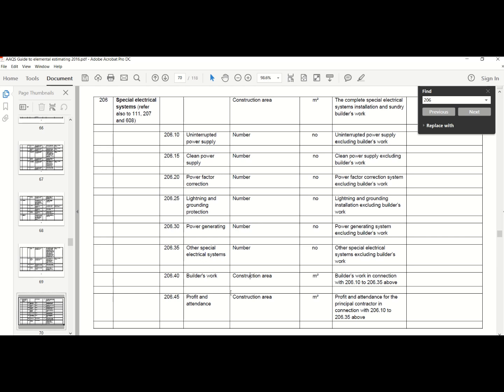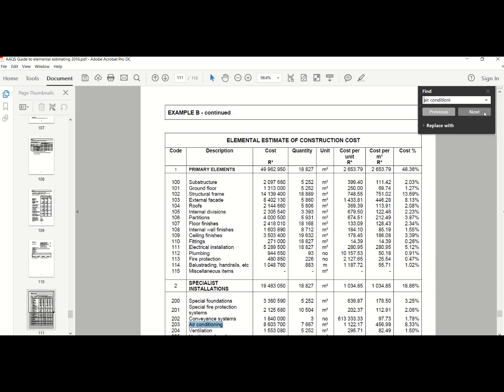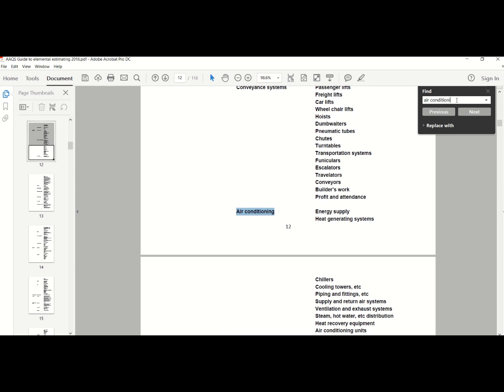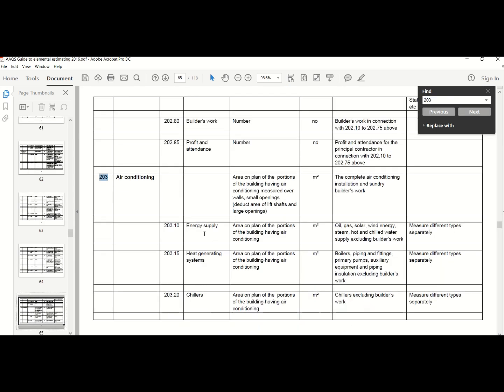Any other builder's work. Air conditioning, air conditioning actually won't be here. You would see there is air conditioning somewhere else. Okay, it's 203, so let me do 203. Okay, so you would see here's your air conditioning.